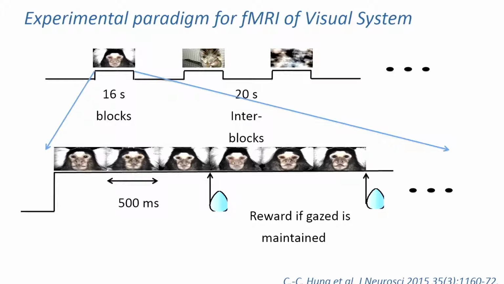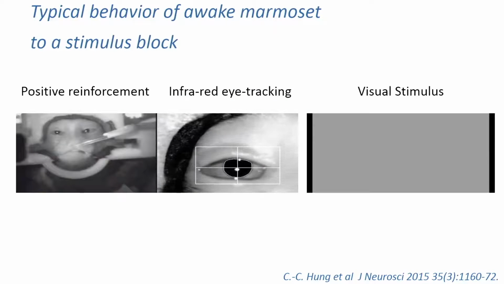Within each 16-second block, the images were changed randomly every 500 milliseconds. If the animal was paying attention to the screen, then there would be a reward in the form of a drop of juice. And here's how the animal behaves in the magnet.